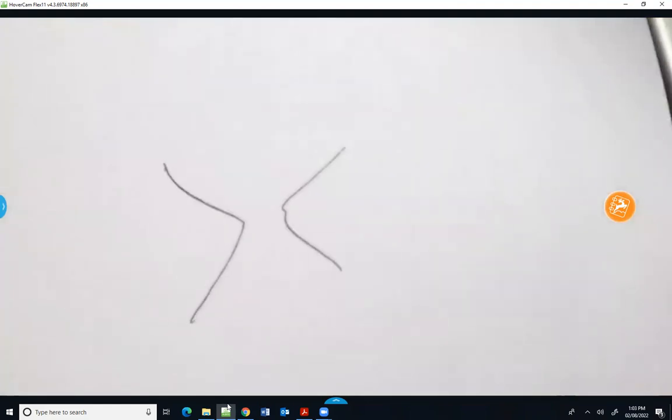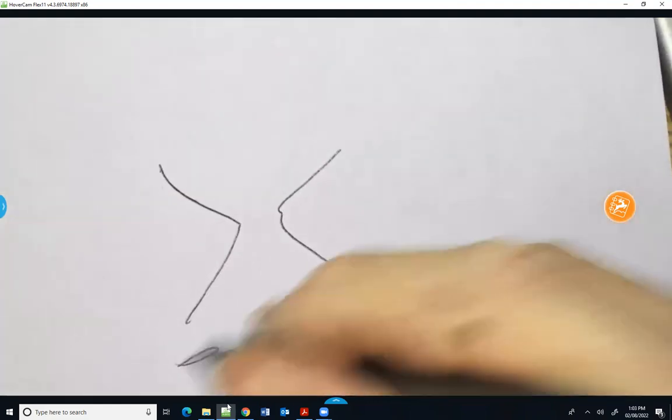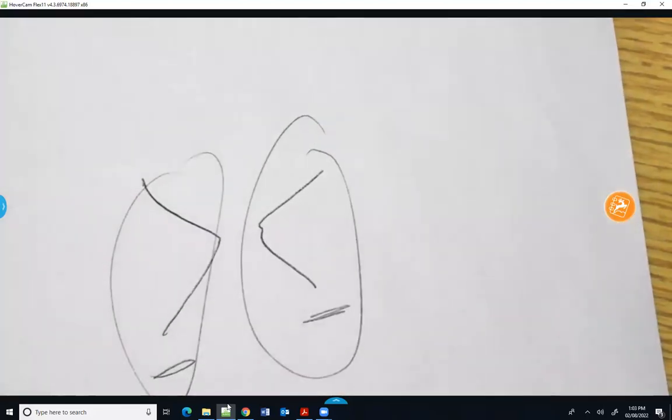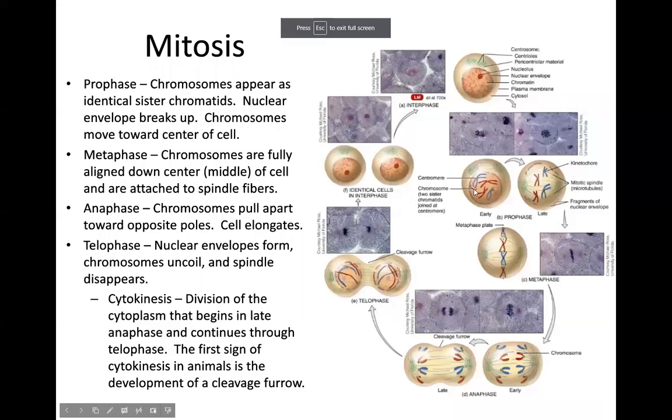Instead of thinking of it as an X, if I were to draw it more like that, and if they were connected, I would connect them. But these two things are sister chromatids, and they're identical to one another because they are the duplicated forms of DNA. If I go back to my figure, we see those are labeled. This is the first time we see those sister chromatids.